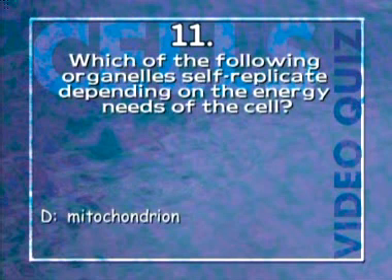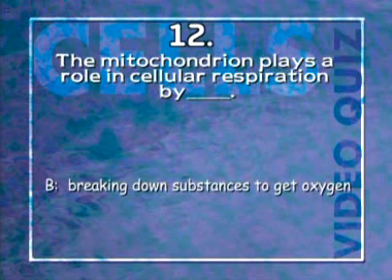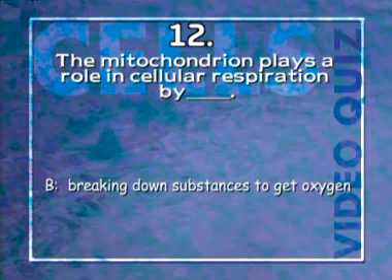Question 11. D. A mitochondrion self-replicates depending on the energy needs of the cell. Question 12. B. The mitochondrion plays a role in cellular respiration by breaking down substances to get oxygen.